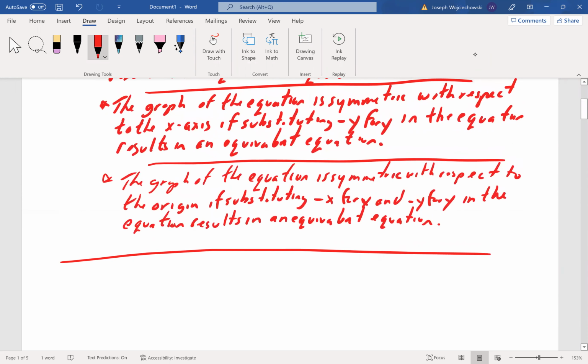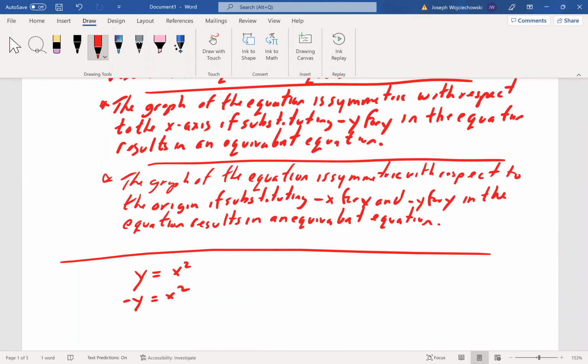So let's take a look at a couple of these and see what we've got. So let's look at y equals x squared. Let's see if it's symmetric with respect to the x-axis. We substitute negative y for y: negative y equals x squared. Is that the same thing? No, it is not.